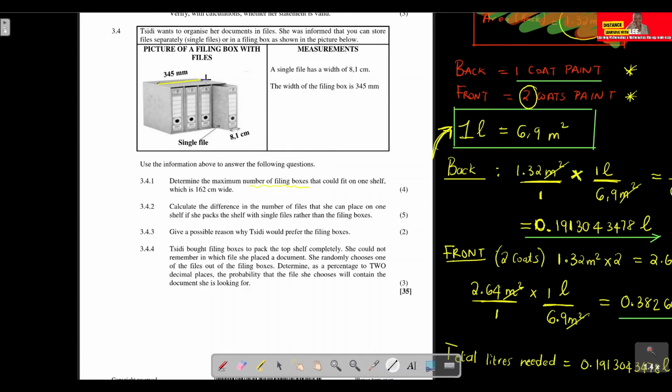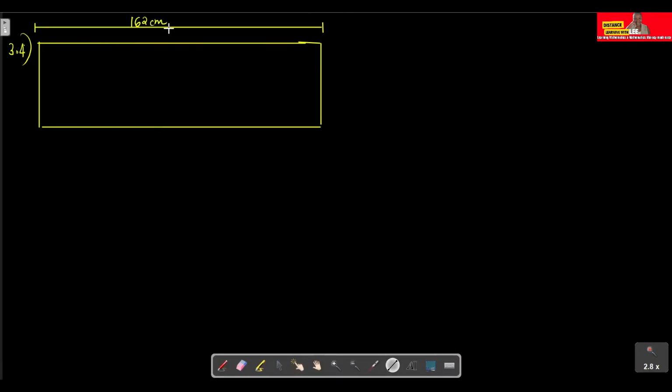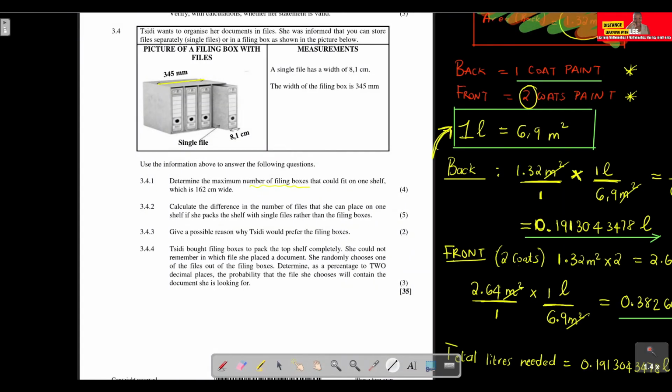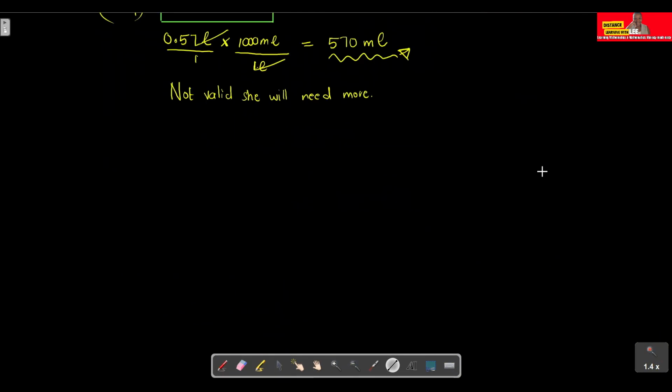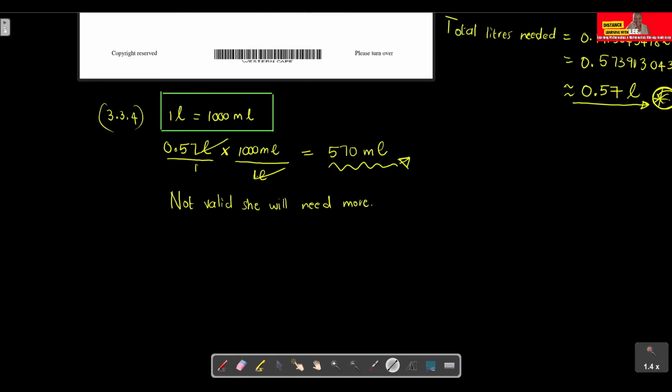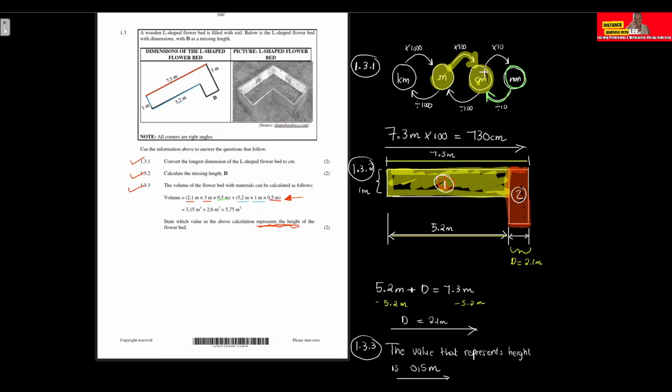345 millimeters. For us to be able to do our comparisons properly, we first need to convert the width of the shelf from centimeters to millimeters. How do we do that? If you want to move from centimeters to millimeters, we multiply by 10.